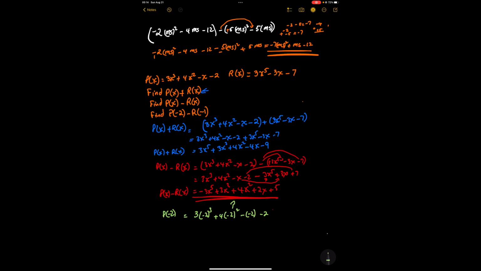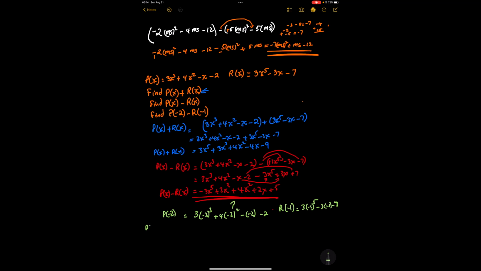And then what is r of negative 1? Well, that would be 3 times negative 1 to the power 5 minus 3 times negative 1 minus 7. So that's r of negative 1.